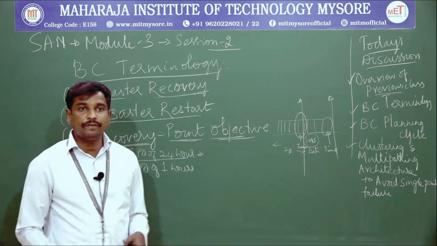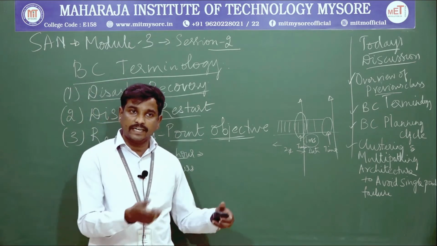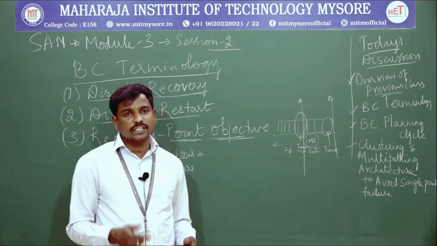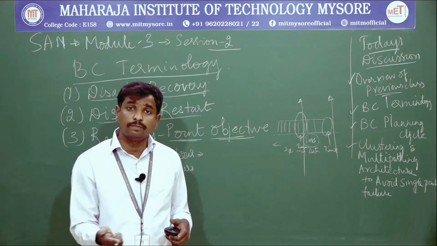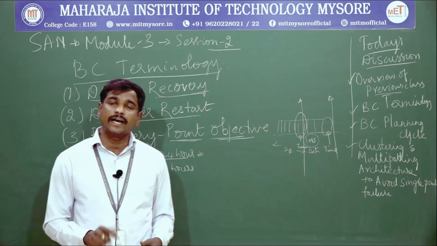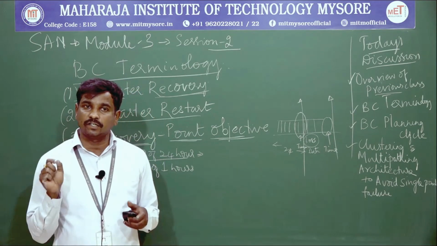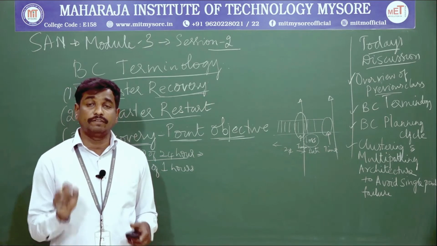There is a strategy of a recovery point objective of 1 hour, which means every 1 hour the data will be backed up. This type of recovery point objective of 1 hour is called shipping database logs to the remote site every hour.